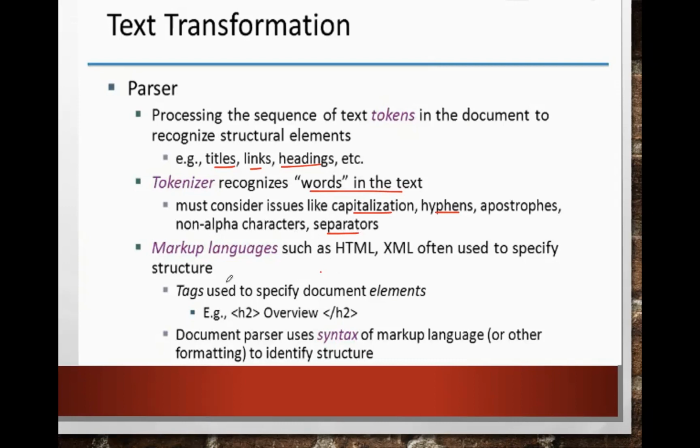Here you can see the tags are used in order to specify the document elements. Overview is a document element which is specified with the help of a tag. Heuristics are used either because they are fast and good enough or because the theoretical problem is unresolved. And the document parser uses the syntax of the markup language to identify the structure.